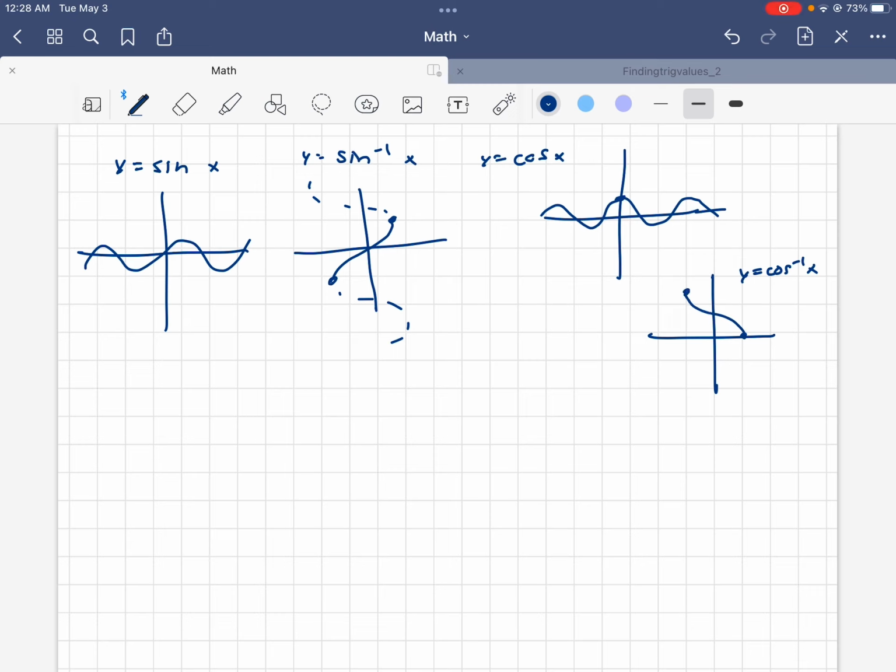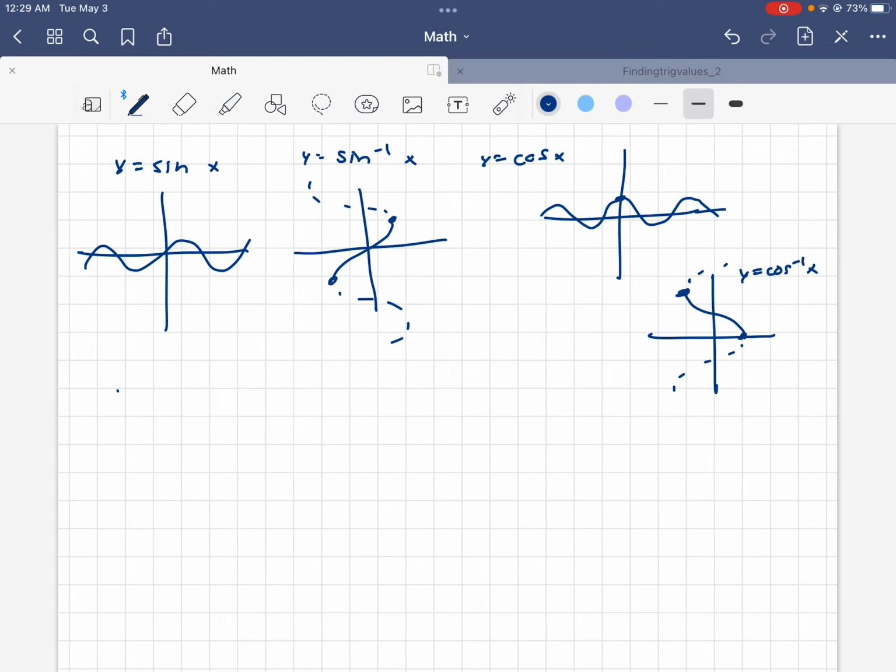You're getting rid of half a period, and it's a one-to-one function. The regular graphs are reflected across the y equals x line, and then you only keep that specific section. This is a dot because it ends there.